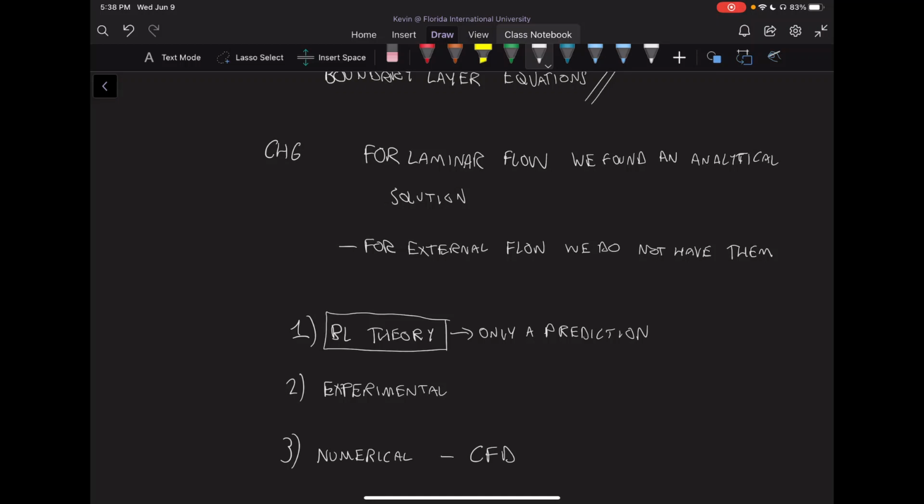So in your book, you have a derivation of the continuity and momentum along the wall in terms of the complex equations. If you apply then those equations to a flat plate, you then get some explicit solutions for your problem, or you get some approximate solutions for your problem.